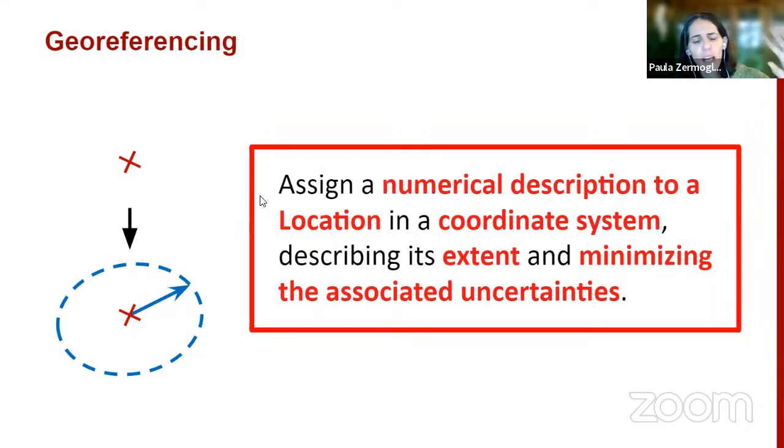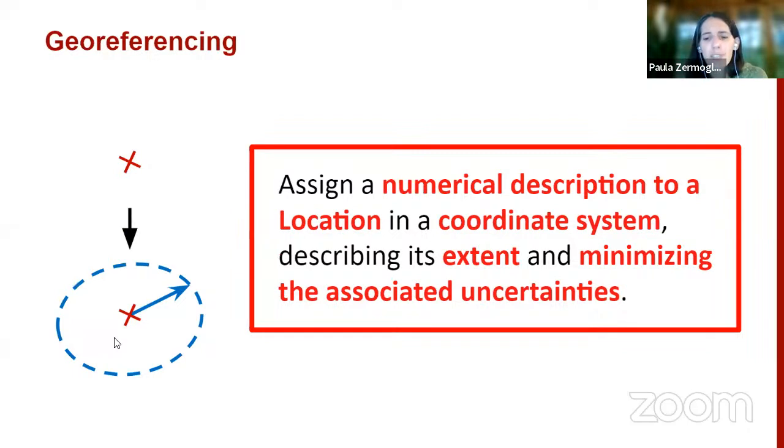So let's make a full definition of georeferencing. Georeferencing a location means to assign a numerical description to a location in a coordinate system, describing its extent and minimizing the uncertainties that are associated.